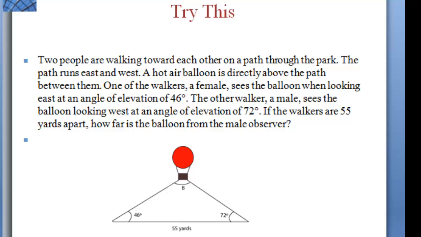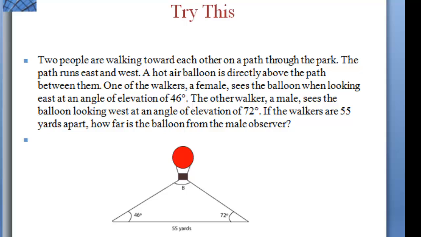One more for you to try. I'll give you several of the steps, and I'd like you to pause the video and work it out. We've got 2 people walking toward each other on a path through the park. The path runs east and west, and a hot air balloon is directly above the path between them.